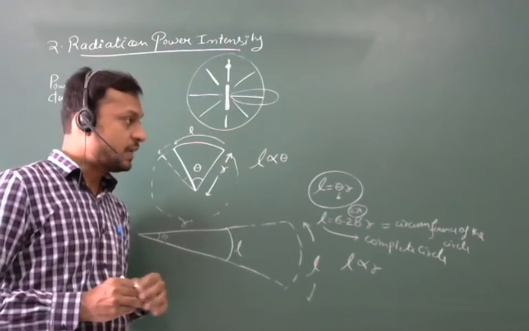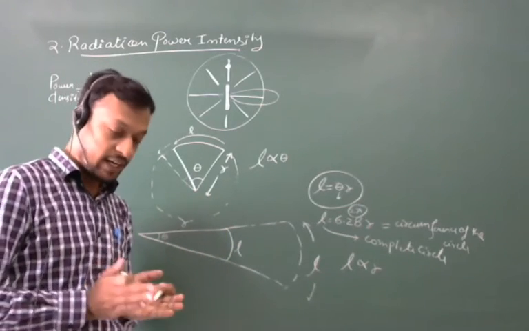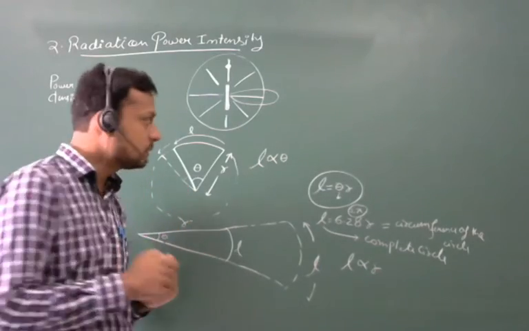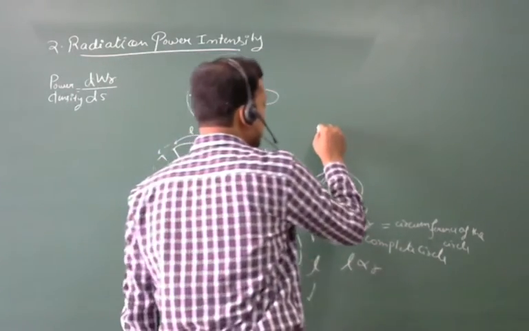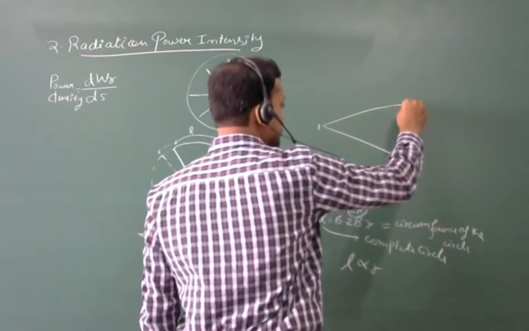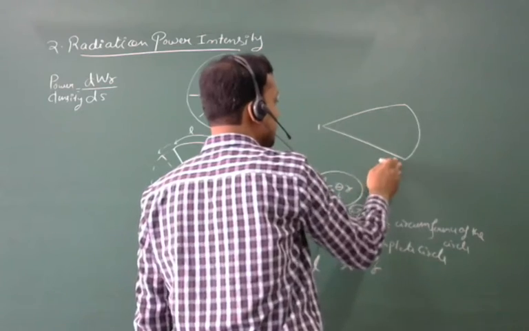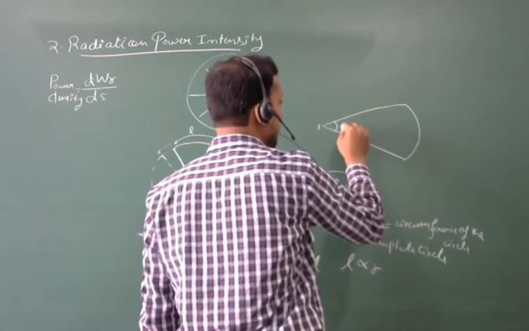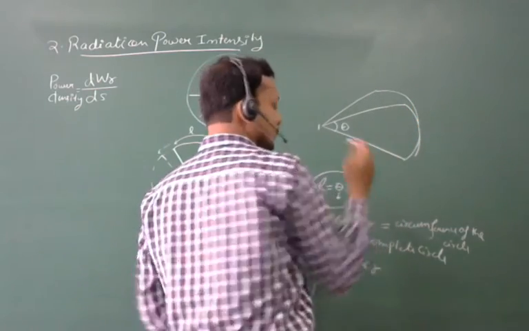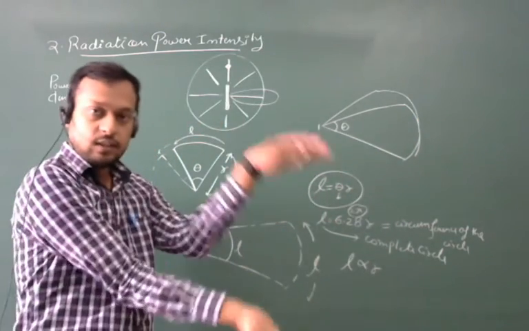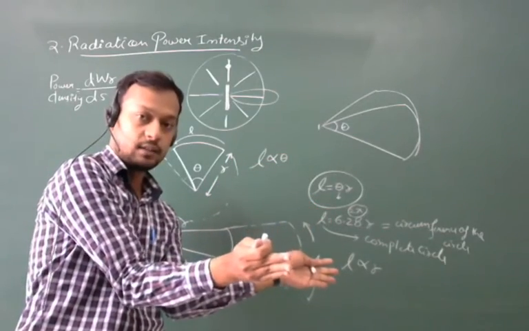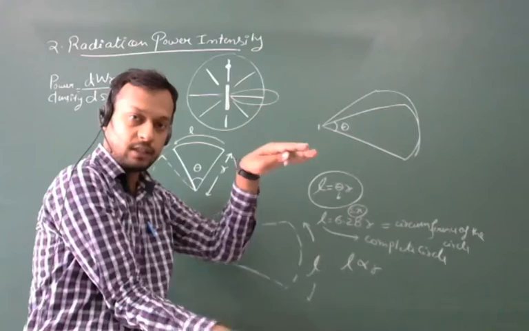So in a similar manner, when the antenna radiates in a given direction, suppose it radiates in any direction. So this radiation is not only dependent on theta, but also on another angle. That is the angle opening horizontally and the angle opening vertically.